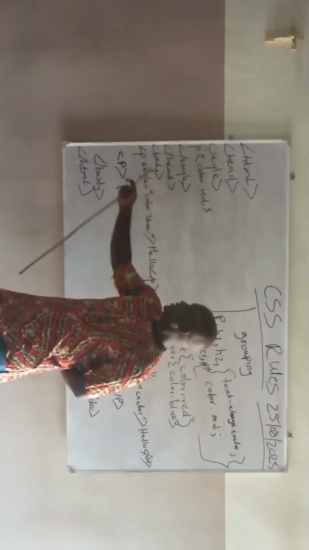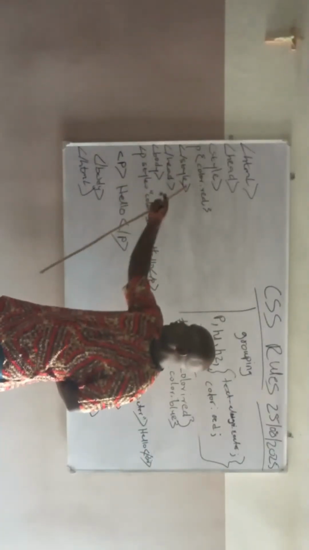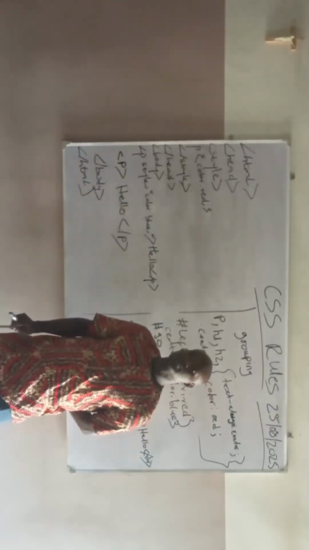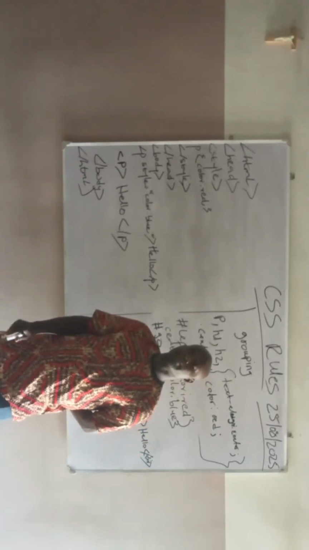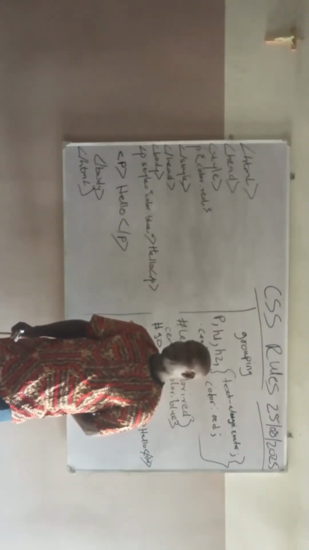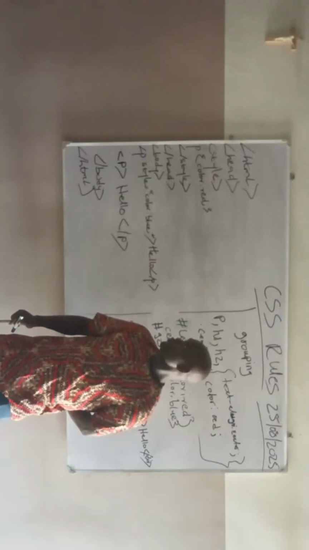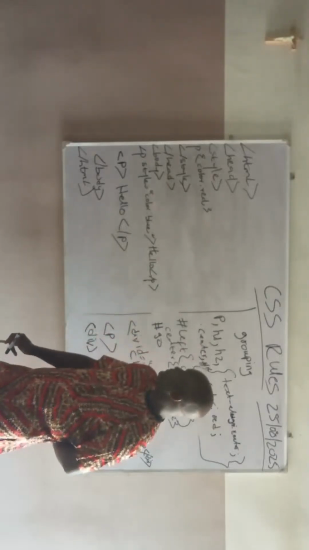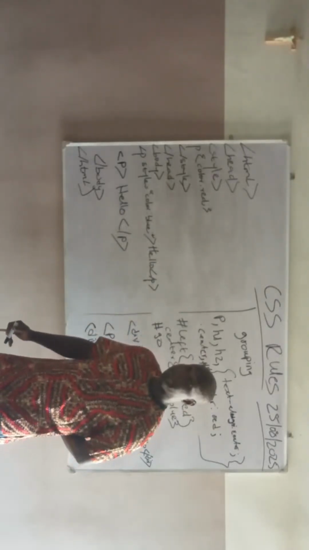You give P here, and then you get another style again. You have two styles for P. Which one needs to be obeyed?